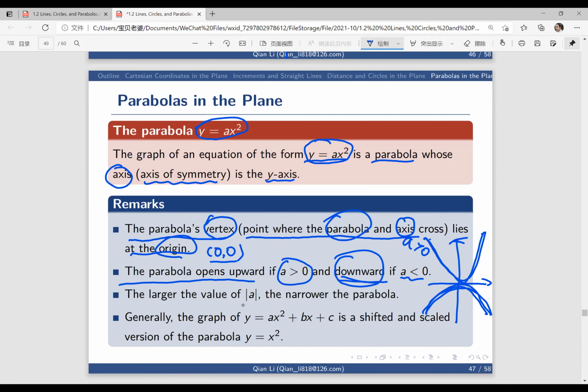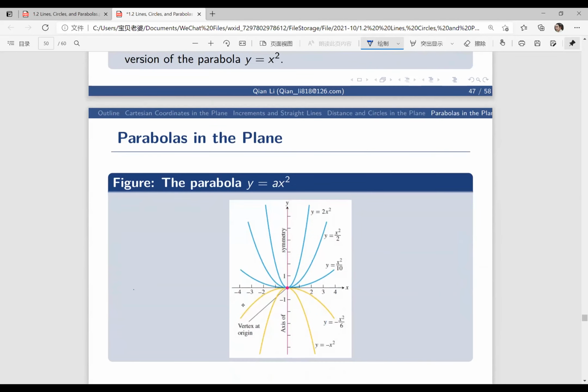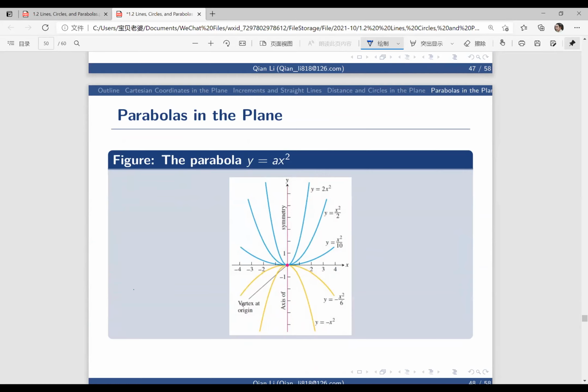And let's see the relationship between the absolute value of a and the narrowness of this parabola. Let's see some examples. Let's see the blue parabola. Let's say this is y equals 1/10 x squared, and a is larger than 0, right?